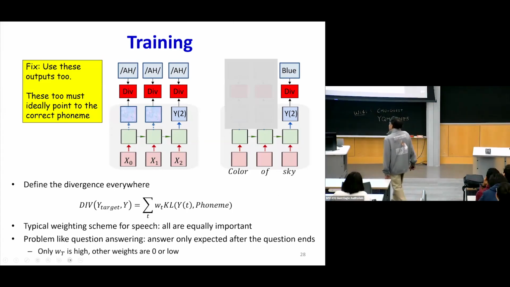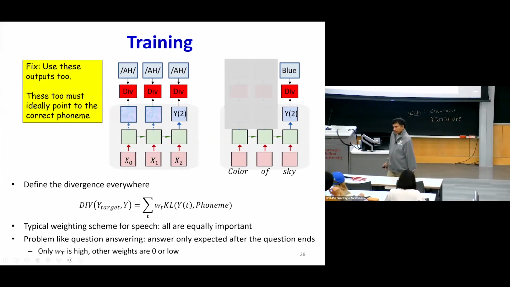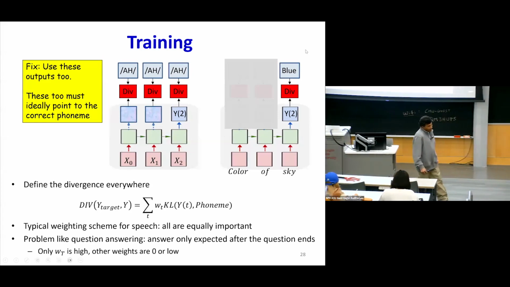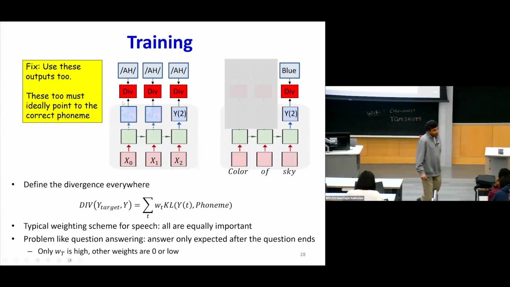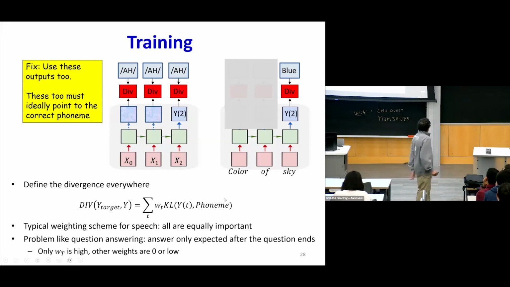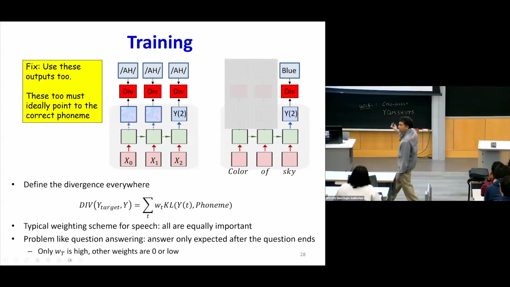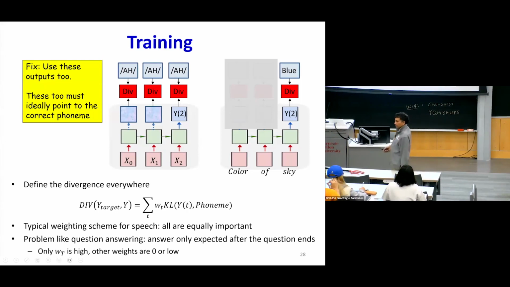Whereas if you're performing question answering, then it doesn't make sense to expect the correct answer, the word blue, before I know what I'm being asked the color of. I could have been saying color of rose, and blue would be completely wrong. So in that case, the weight is going to be 1 at the final time and 0 at other places, or some other reasonable choice, right?